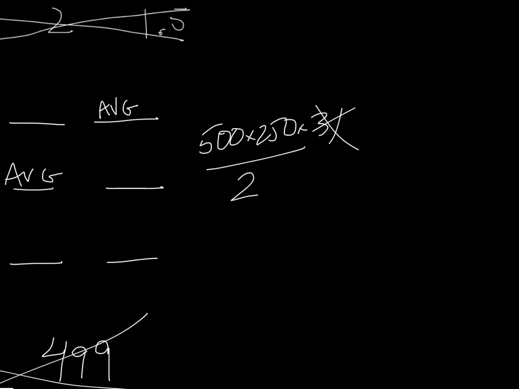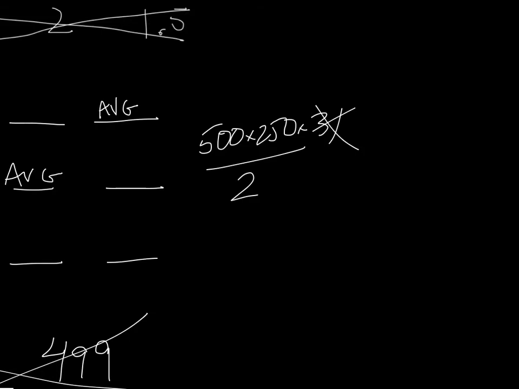Why divide by 2? Because it doesn't matter what order the first 2 come in. So that would be 250 squared, but they get a number much smaller than that.